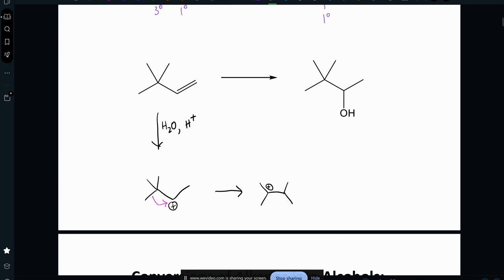And then that would give us a different product. So that would give us a product that looked like this, not the desired product in this case. So we don't have a way to carry that out either with no rearrangement.